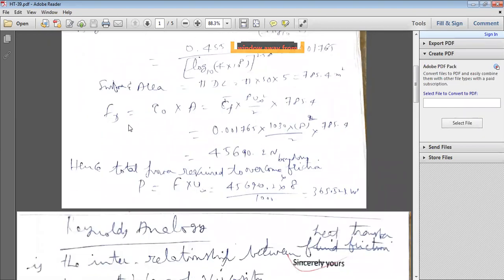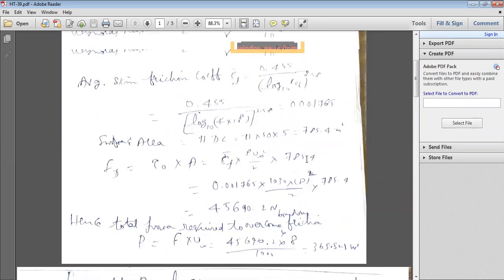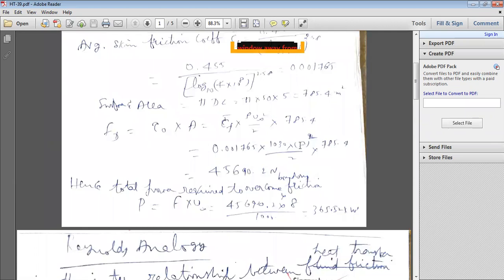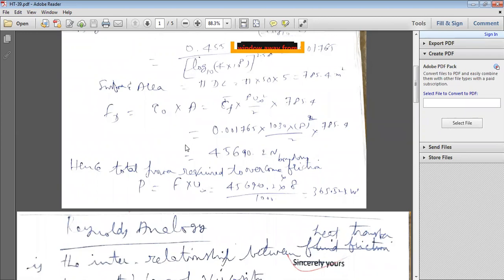So drag force F_D is equal to 0.001765 into density 1030 into velocity, given as 8 meters per second, so u square is 8 square, divided by 2, into the surface area 785.4. If you calculate, the drag force F_D is equal to 45,690.2 newtons.